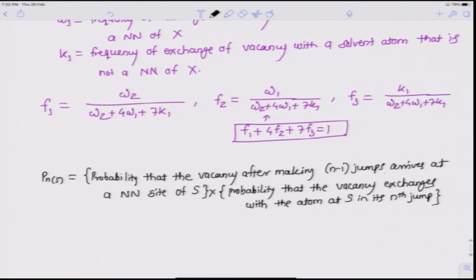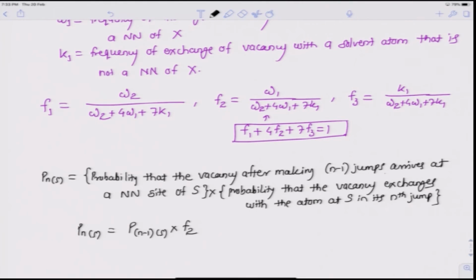We know the second part, the probability that the vacancy exchanges with the atom at S would be an omega 1 type of jump, because this is a solvent atom which is nearest neighbor to atom X. So, the probability of this, which we have defined here as F2, and the first probability we can write it as P n minus 1 S times F2.